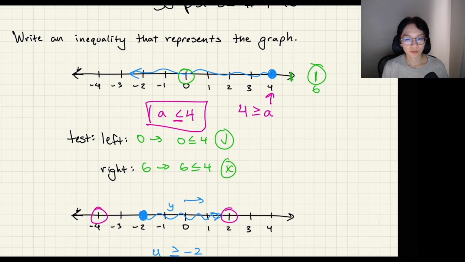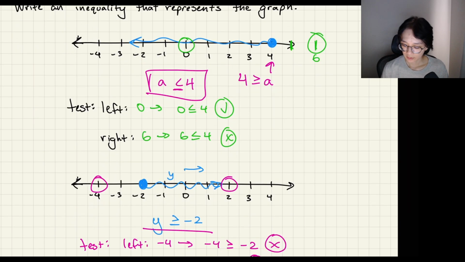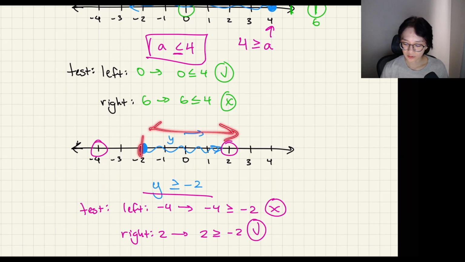And then we went the other way around, going from graph to inequality. Starting from the number, seeing, okay, if this line represents the variable, what can that variable be? If it goes this way, that means this is the biggest number it can be. Alligator eats the bigger number. If it goes this way, that means it's the smallest number it can be. Everything is greater than. Alligator eats the bigger number.